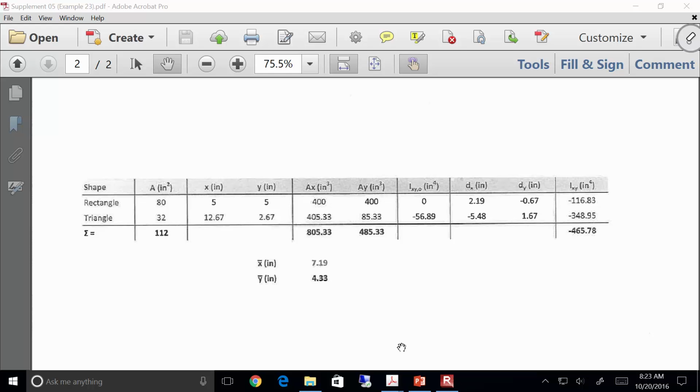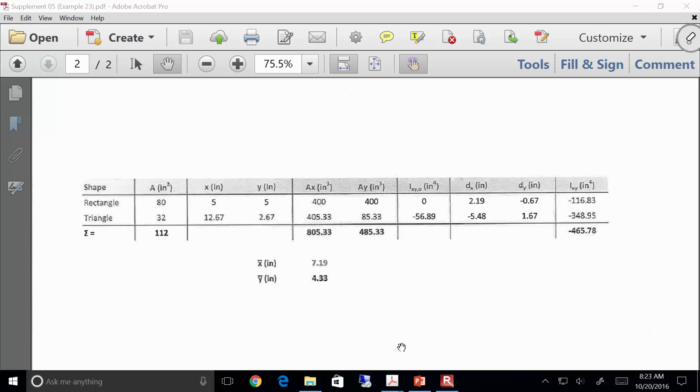We plug in our Ixy's. Our dx and dy's, as long as you're consistent, it's fine. So we can say for this one, that minus that and that minus that will give us the d's, and then that minus that and that minus that will give us the d's for the y direction. And then it's just that plus the area times that times that. Sum it up. That's it.